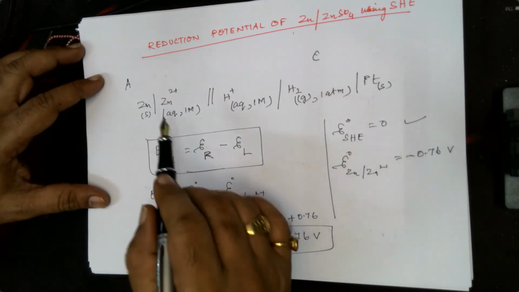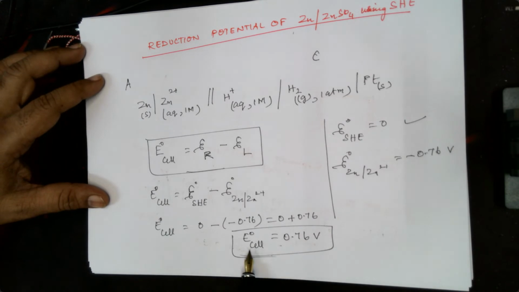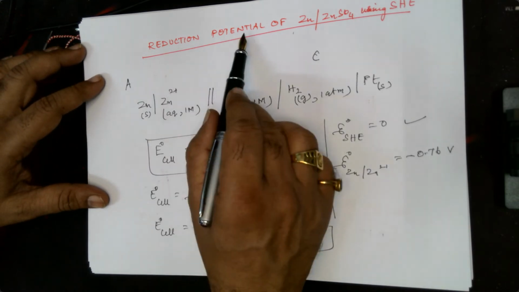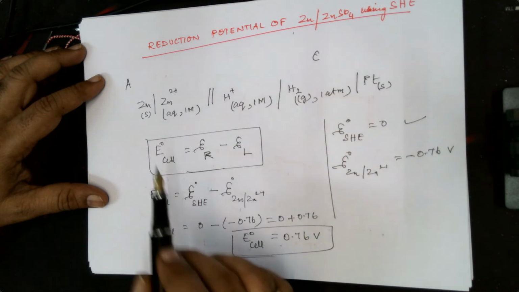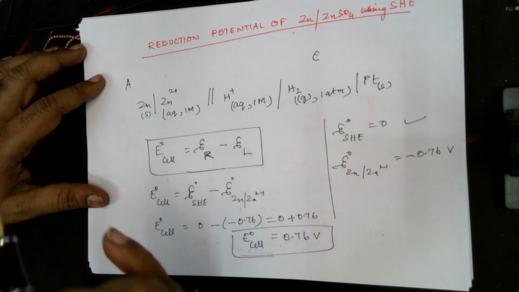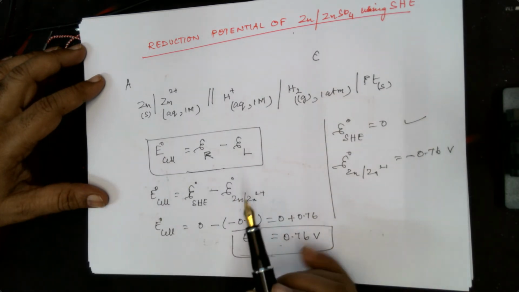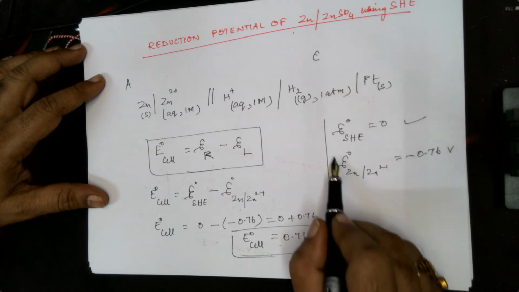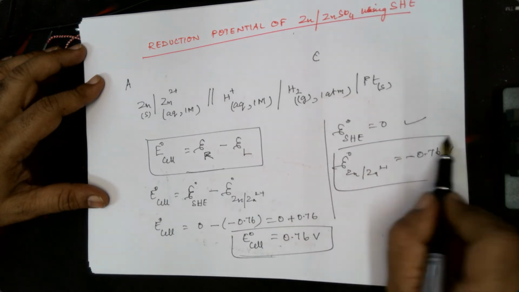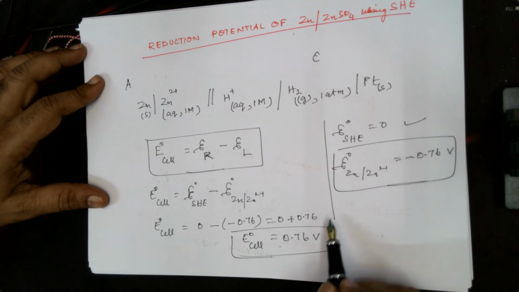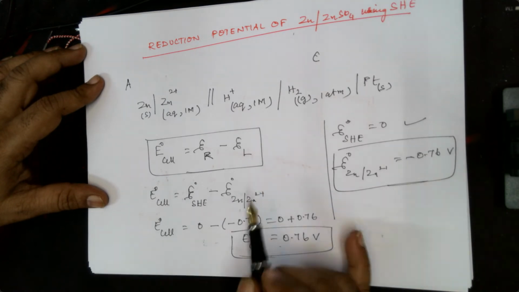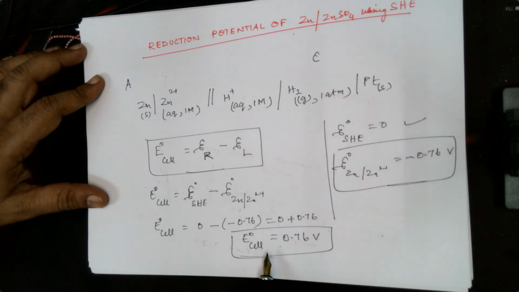So what I have calculated is cell EMF, but what is given here is reduction potential. So how we can calculate? Now I am taking the reverse. Are you able to follow? So here, as I know already from the electrochemical series, I have put this value, assuming that you do not know. But what about this? This is the experimental value.